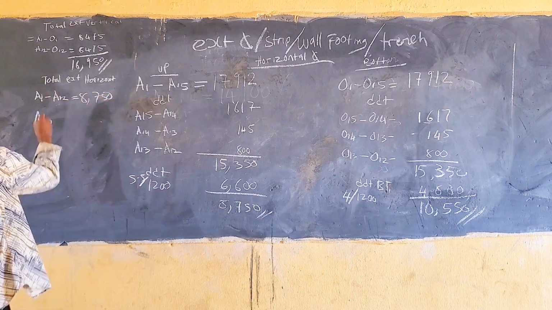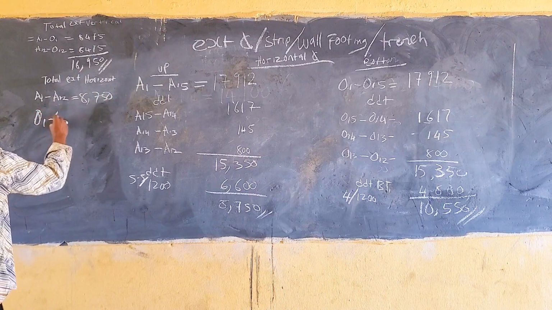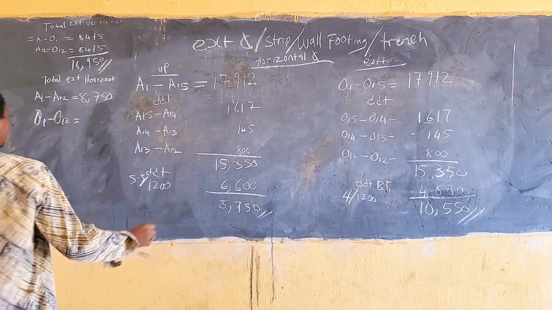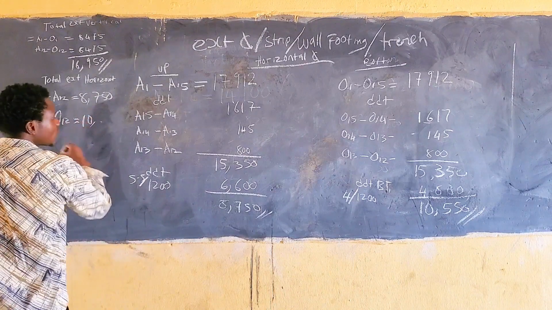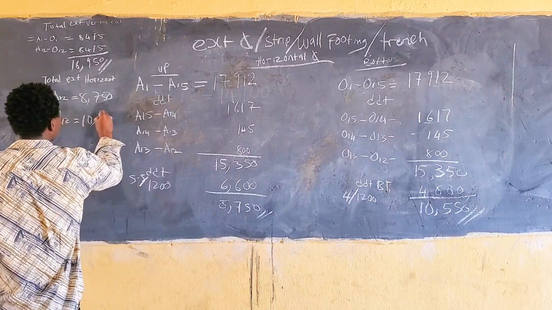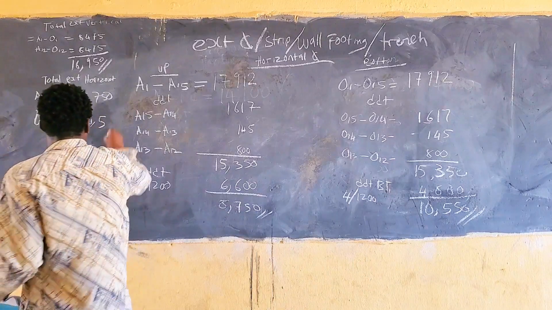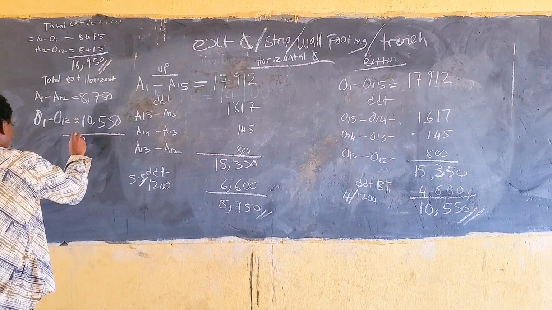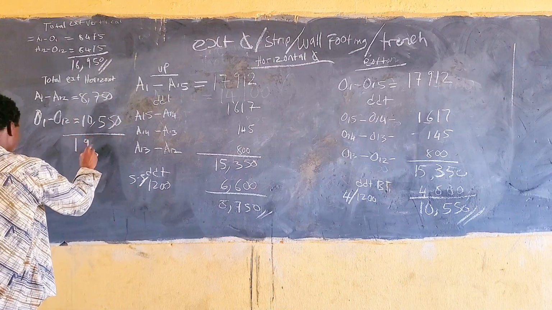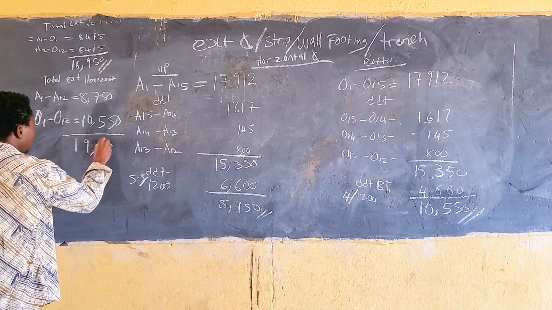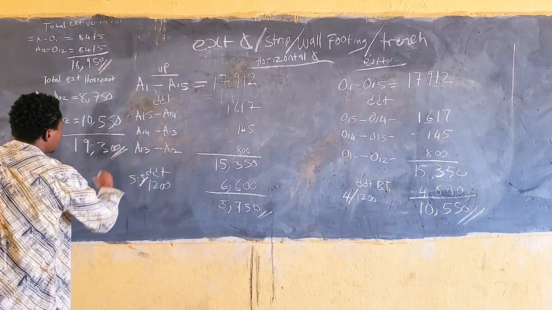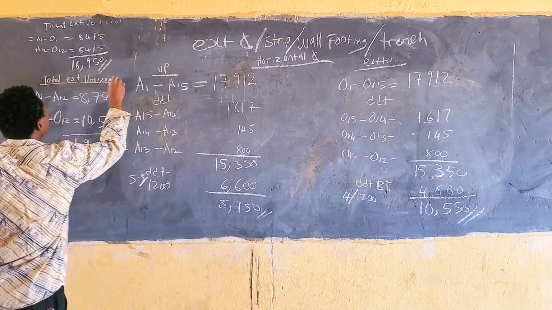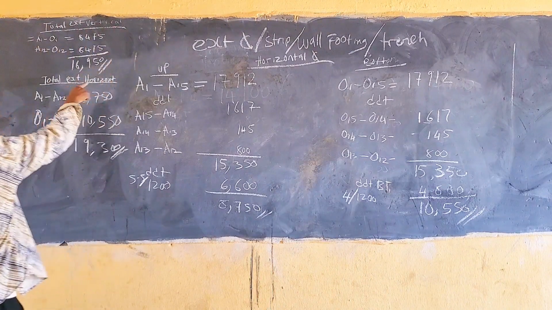And from O1 to O12, we got 10,550. That will give us 19,300. So our total horizontal gaps, total external horizontal, is 19,300.